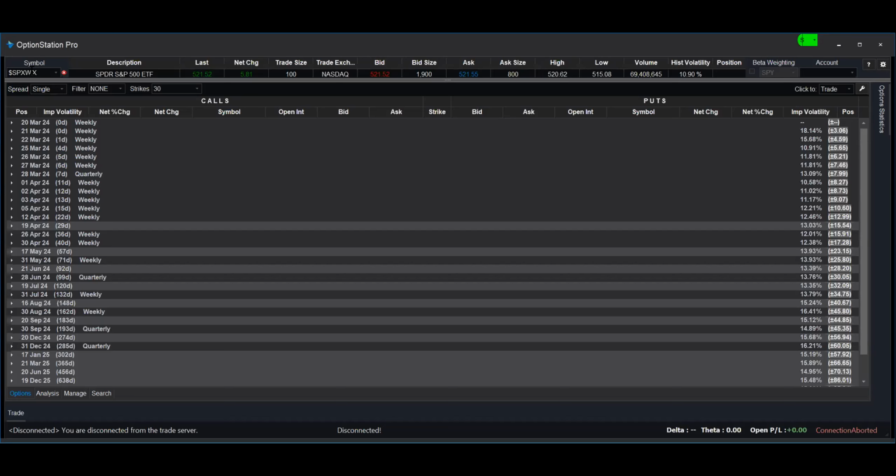I'm looking at the SPX weekly options. I want the same day expiration, I want an expiration 1 week out, and I want an expiration that's 30 days out. Everybody got that?